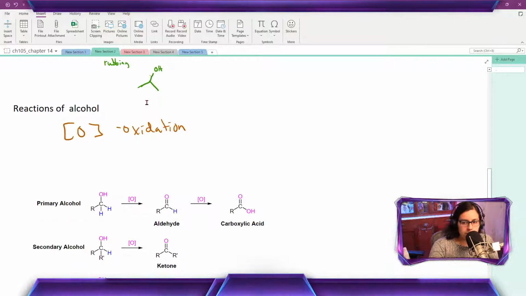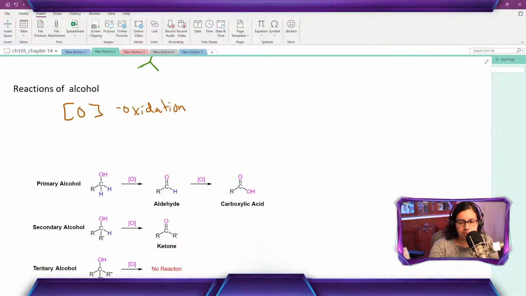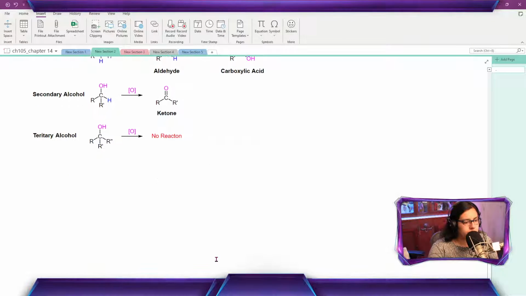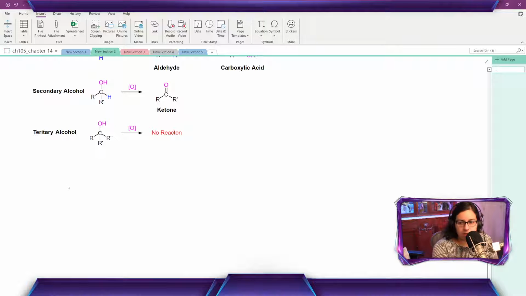And so some examples. Let's look at some examples here. And let's look at our mechanism. So let's look at this example.